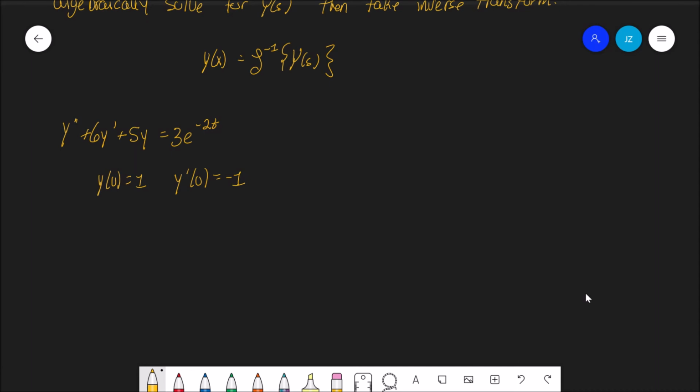So, take the Laplace transforms of both sides. We get the Laplace transform of y double prime plus 6y prime plus 5y is equal to the Laplace transform of 3e to the negative 2t.